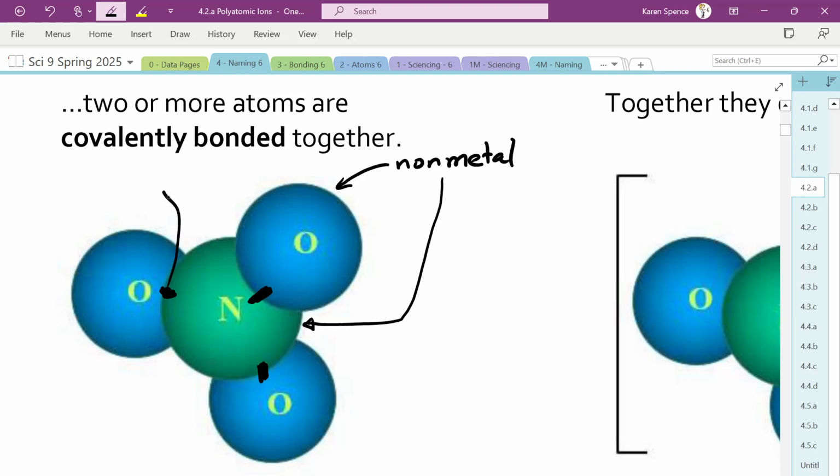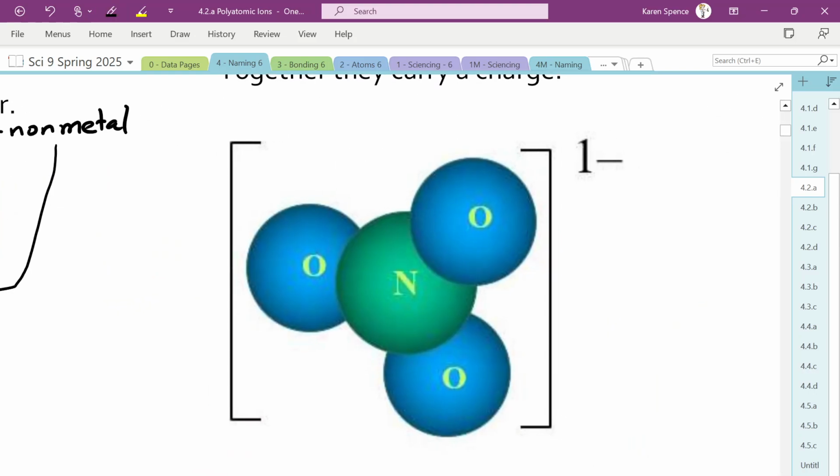Those are covalent bonds. But when we have a covalently bonded polyatomic ion, it actually becomes part of an ionic compound, which is kind of strange. Okay, but you can have both covalent bonding and ionic bonding in the same thing. So here we have covalent bonding within the molecule. And because it is an ion, we have put the charge on the outside.